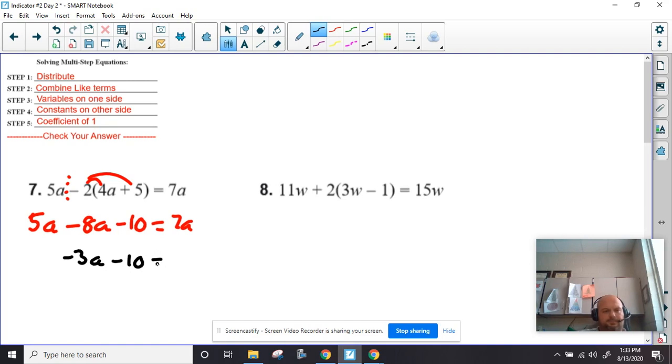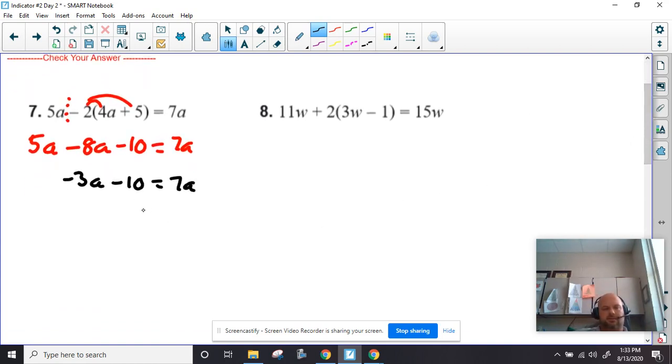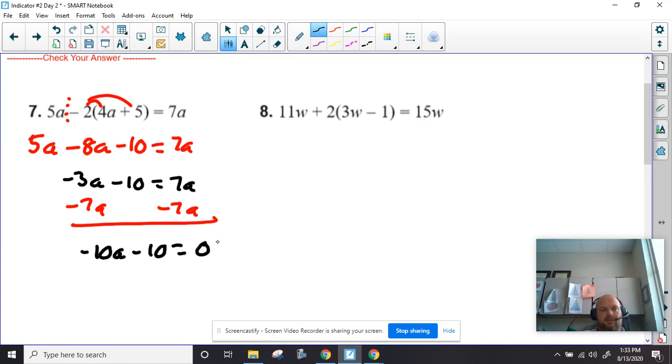Now this is going to be the one exception where we're not going to get the variables on one side. Well, let's just go ahead and do that. Some people will know that you'll add 3 and everything, but I want to show this. Because if you do this, people forget to do the equals 0 and then they can combine.